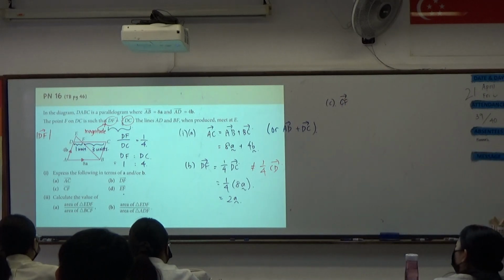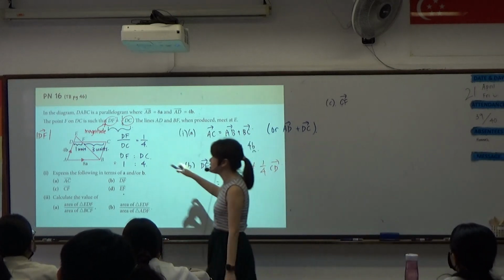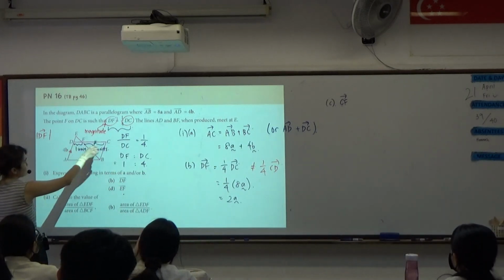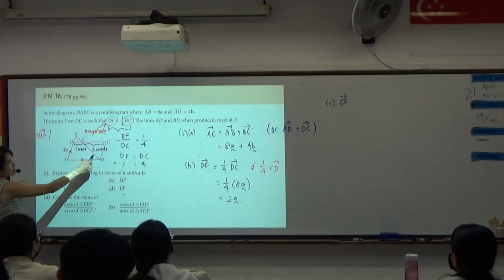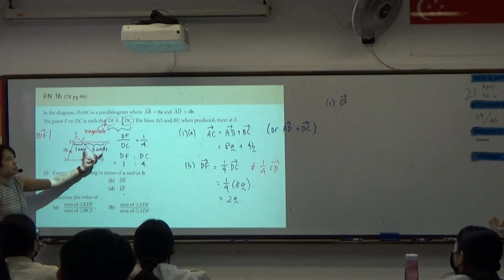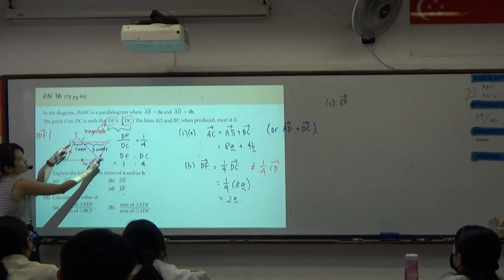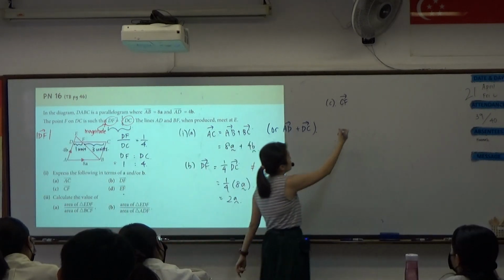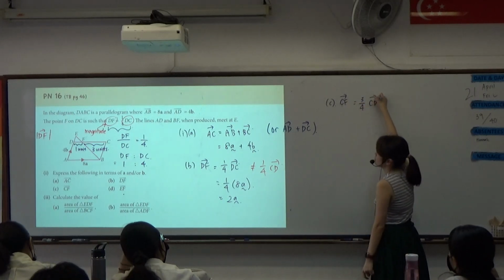Then looking at CF. CF is in the opposite direction of your DC or DF. Based on the given information, I already recognize that this is 3 units, 3 units out of the entire length of 4 units. So CF is 3/4 of your vector CD.